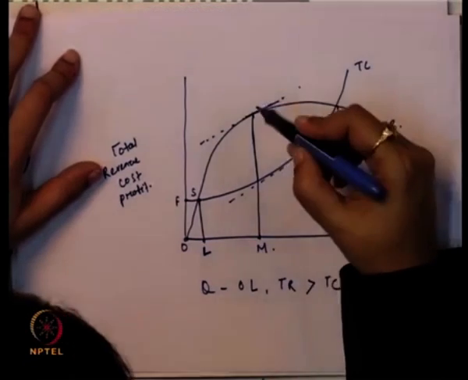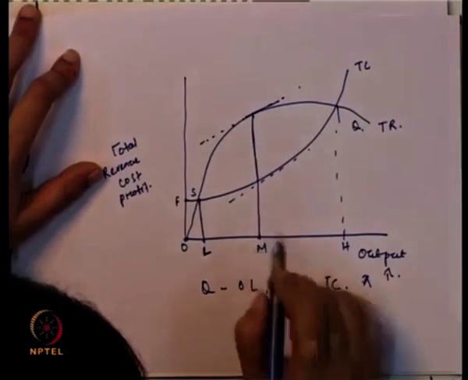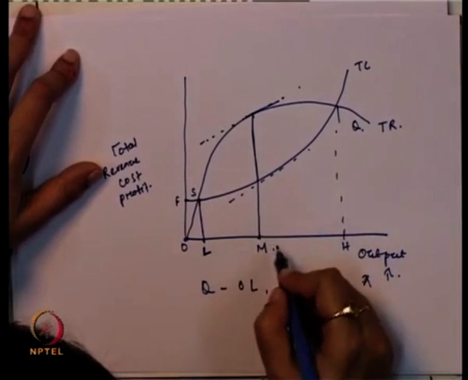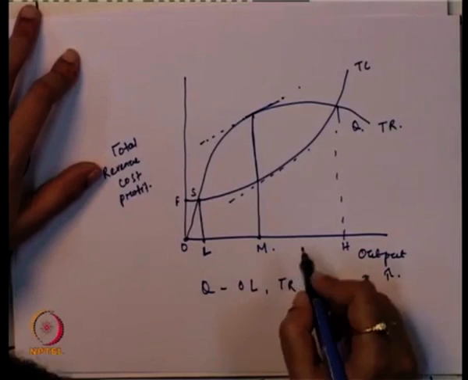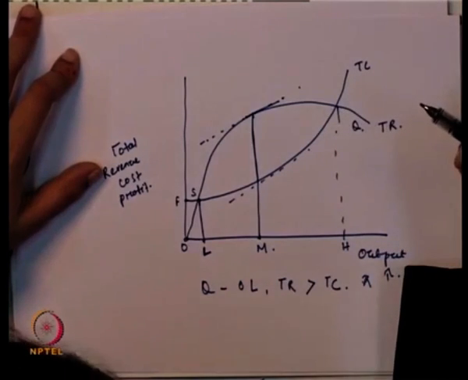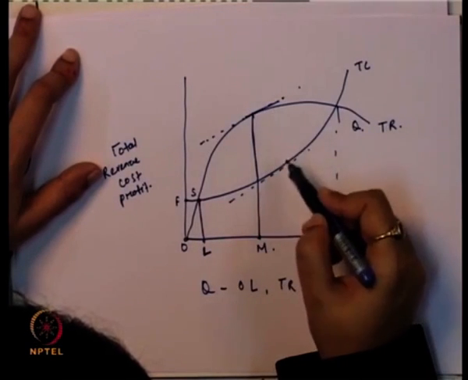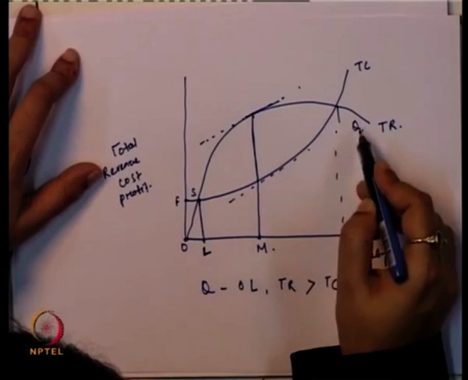The distance between total revenue and total cost is greatest at point M, so the profit is maximum at this point. The firm will not produce any output larger than OM, since after this the gap between total revenue and total cost comes down, and the total profit is decreasing.